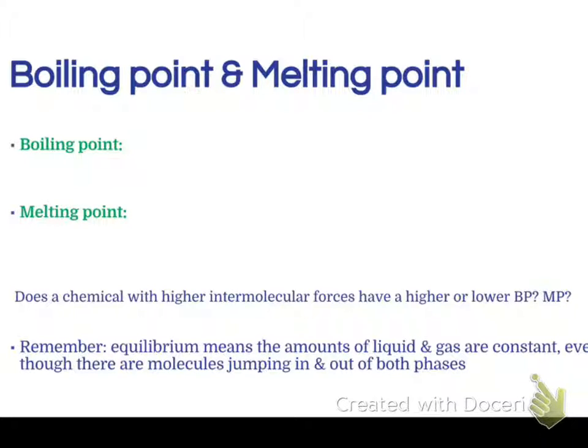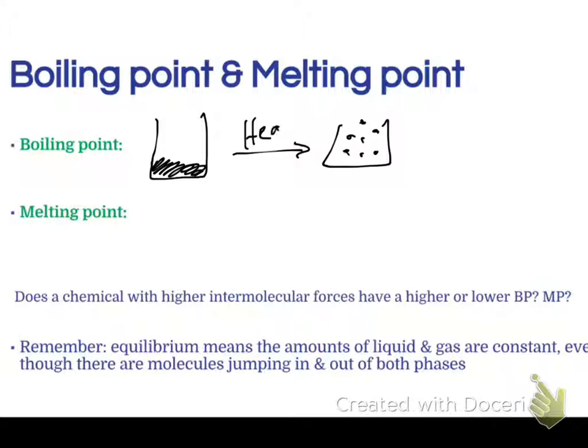Okay, another physical property of liquids is something that we call boiling point. So boiling point is the phase change when you're going from a condensed liquid into gas particles like this. And so basically what you're doing is you're putting a lot of energy into it, so a lot of heat to do this.